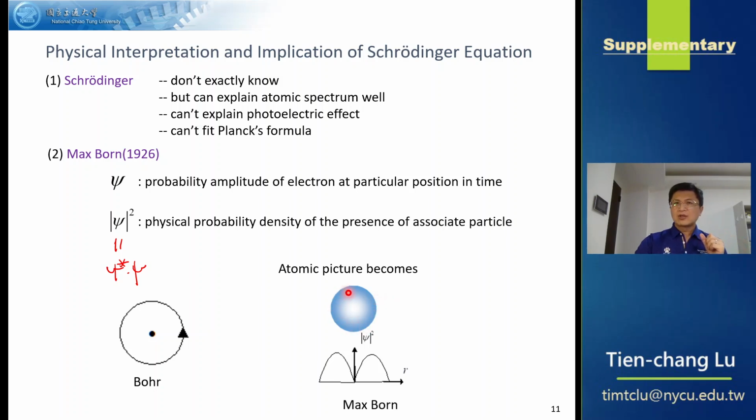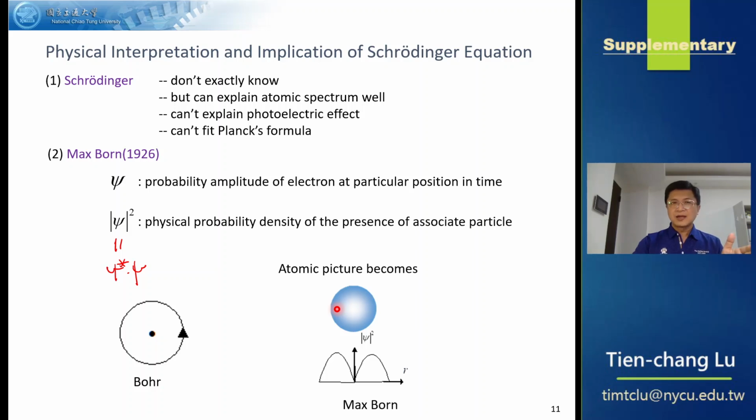You cannot specifically say the exact positions of the electrons, but you can say the probability of finding electrons at specific positions. So that is the total difference in comparison to classical physics. In classical physics, we are able to tell the exact position of the particle at a specific time.